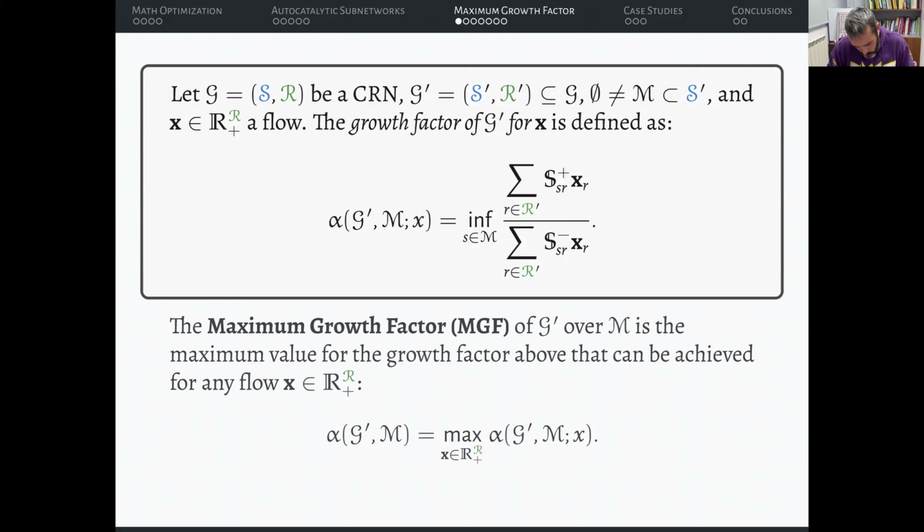This growth factor was already introduced in another framework by von Neumann in the 40s. And then we thought about how to incorporate that into the problem of analyzing autocatalytic subnetworks.